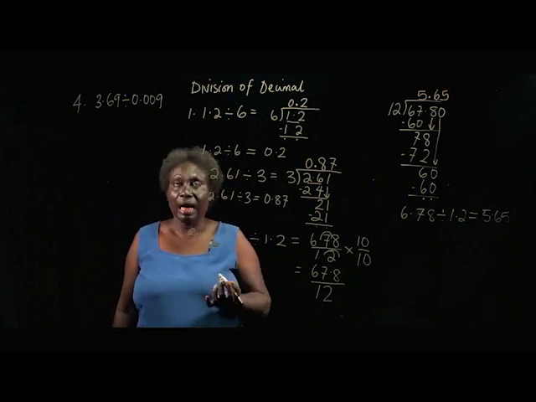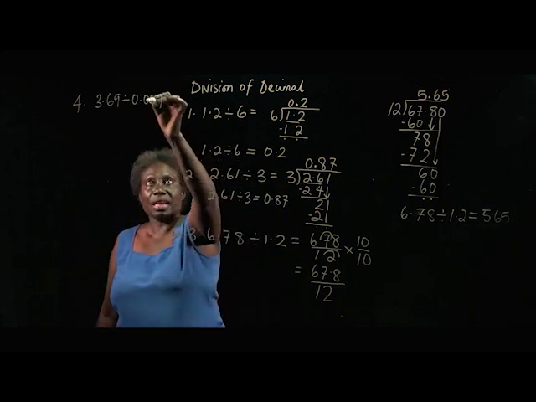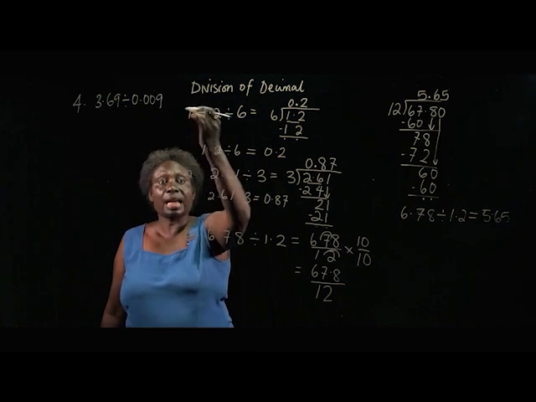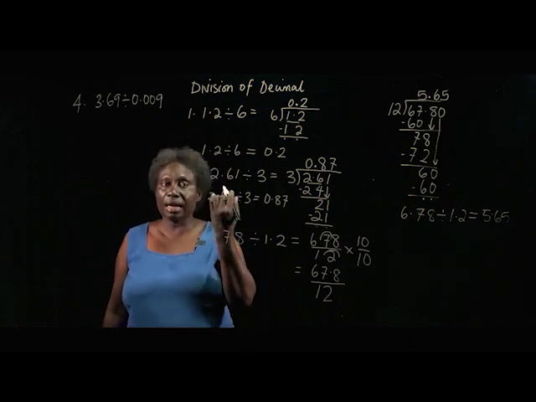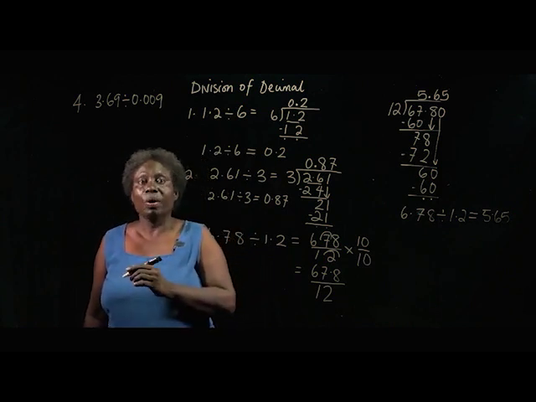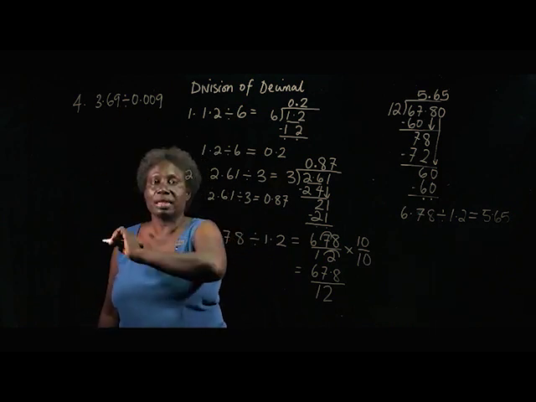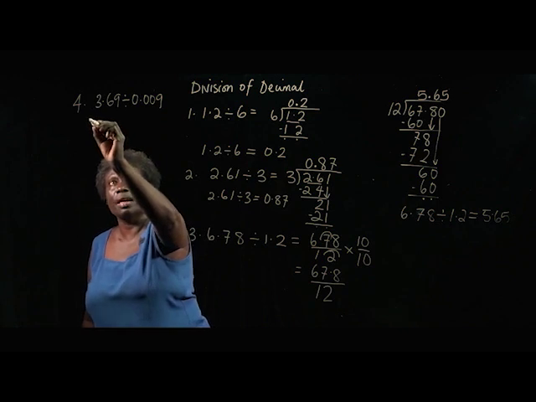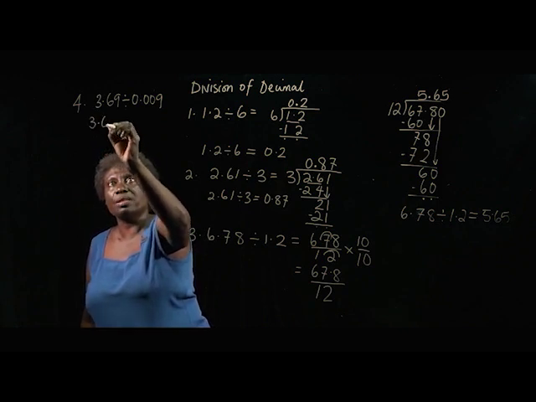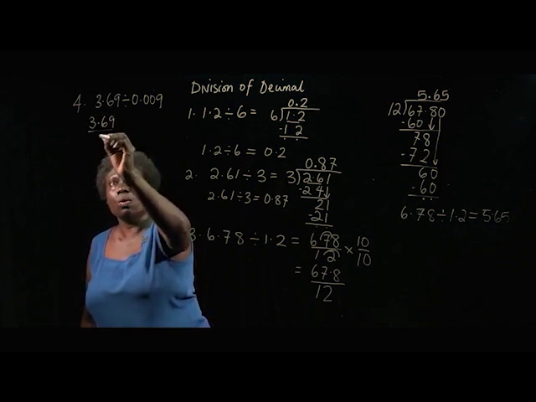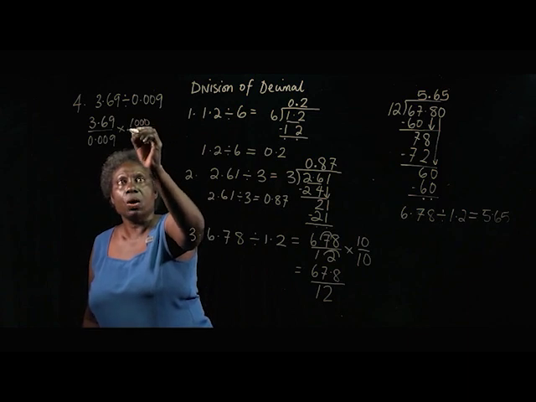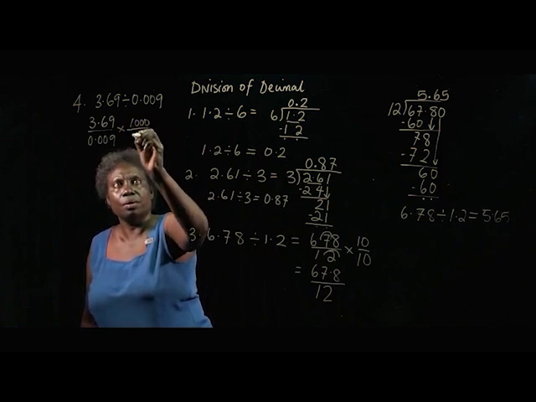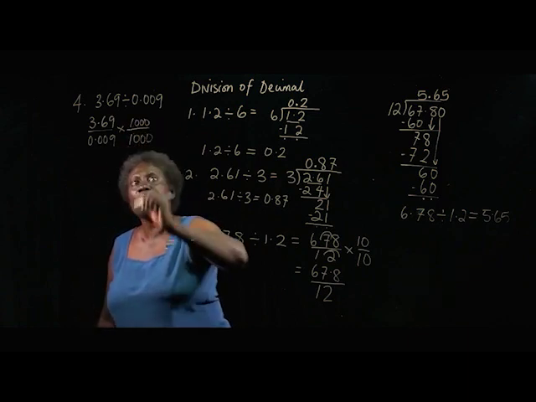Okay, as we have learned earlier, since I have 3 decimal places, I am going to multiply both the dividend and the divisor by 1000. Okay, I'll express this as a fraction first. So I have 3.69 over 0.009 times 1000 over 1000.